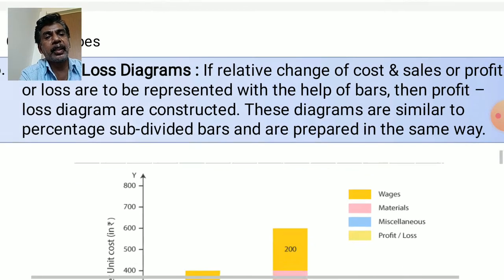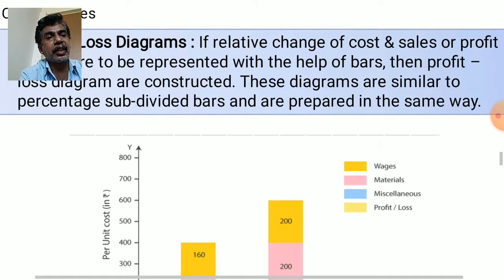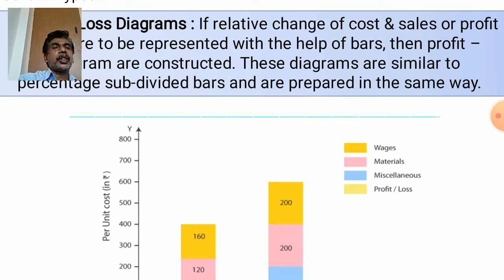So if the cost and sales are given, based on that we can calculate how much is profit and how much is the loss. Sales minus cost is equal to profit. If sales exceed cost, we will get profit, or if cost exceeds sales, then automatically we see there is a loss.